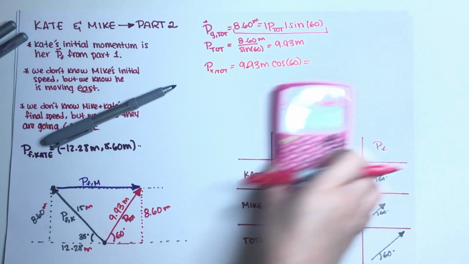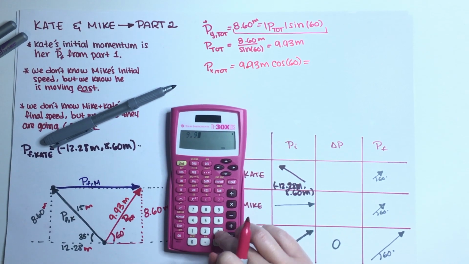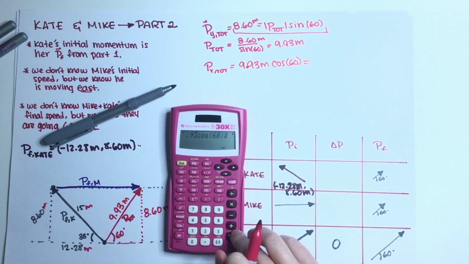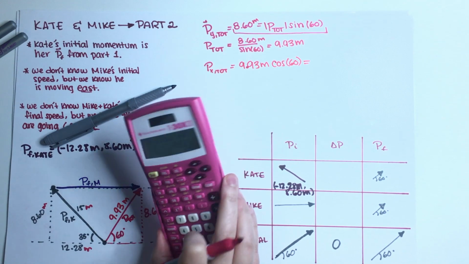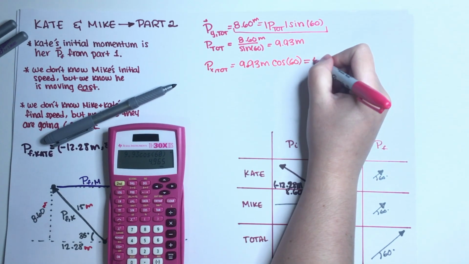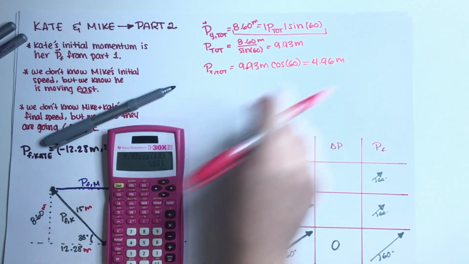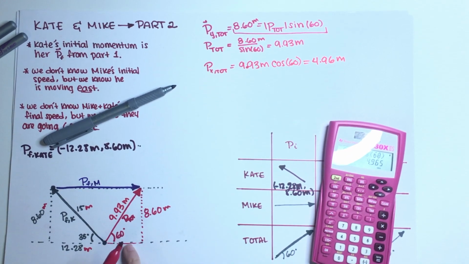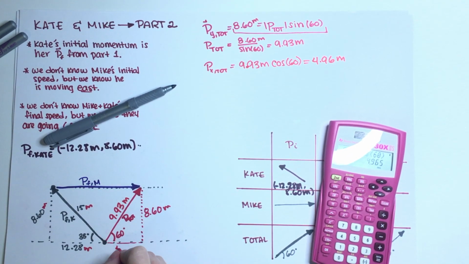So if I just multiply that, that is 9.93 cosine of 60 degrees, 4.96 m. So this side right here is 4.96.